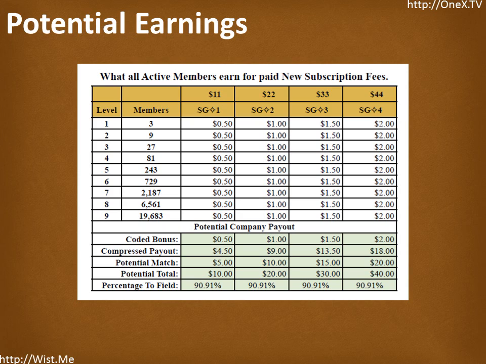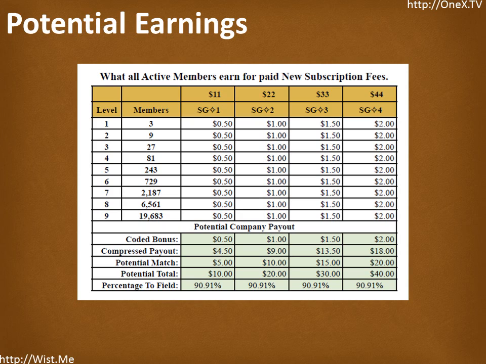No, let me take it more conservatively. I will go to row 4. It's 81 people times 50 cents. That is a mere $40. Then we go to Stargate 2. 81 people, $1. That's $81. And Stargate 3. That's 81 times 1.5. That is $121.